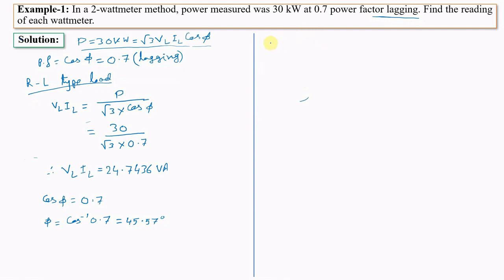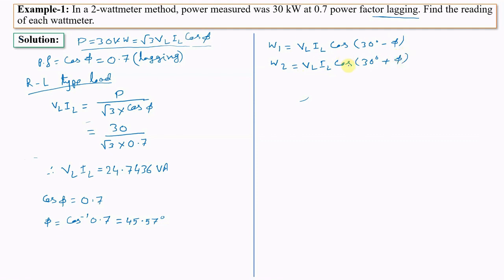For a resistive inductive load, we know that the reading of the first wattmeter is VL IL cos (30 minus phi), and similarly the reading of the second wattmeter is VL IL cos (30 plus phi).